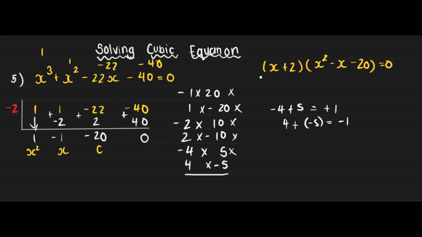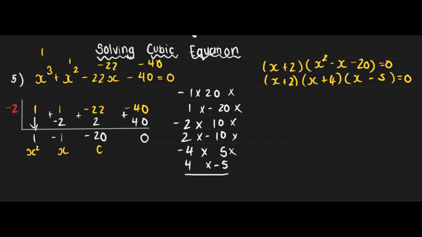So what's going to happen here, it's going to be open bracket x plus 2, rewrite it the way it is. Then you're going to open 2 brackets. Then you're going to say x here, x here, then you're going to have a plus 4, then you're going to have a negative 5. It equals 0. Since we're solving the equation, we need to equate everything to 0.